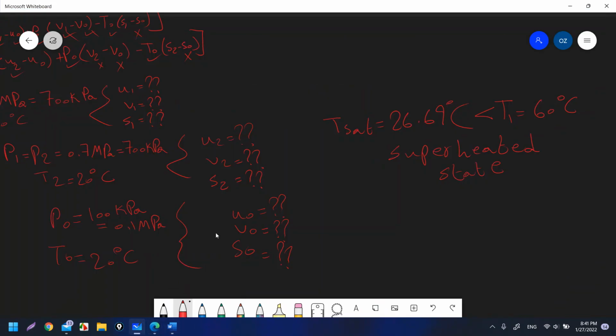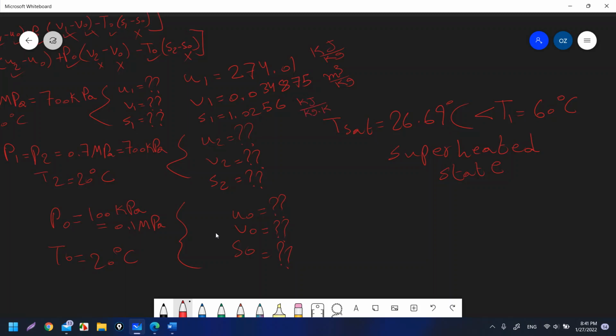So U1 will be equal to 274.01, V1 will equal 0.034875, and S1 will equal 1.0256. U1 is in kilojoule per kilogram, the specific volume in meter cubed per kilogram, and entropy in kilojoule per kilogram Kelvin.